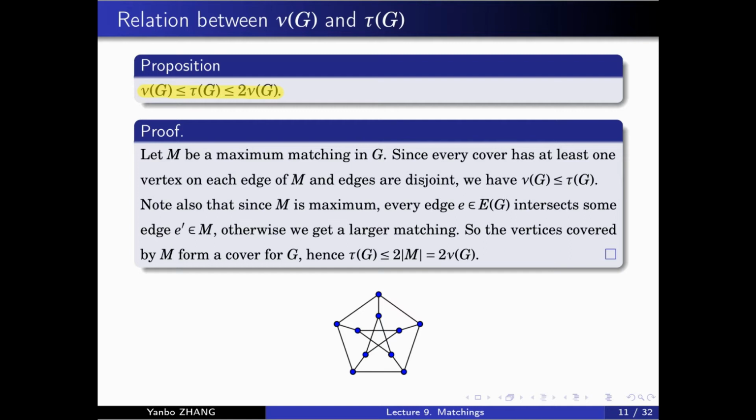Take the Petersen graph for an example. The Petersen graph has a perfect matching. So nu(G) equals 5. And any vertex cover has at least 6 vertices.